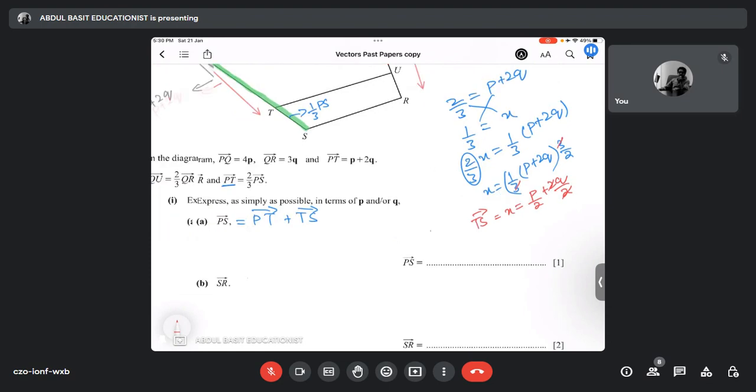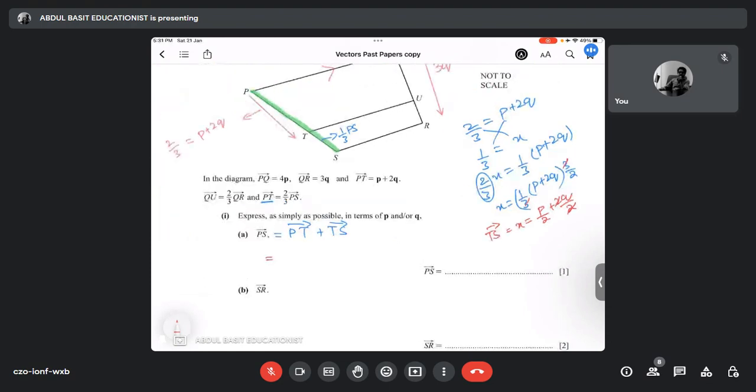So we know what PT is. PT is given in the question, which is p plus 2q, and TS is p/2 plus q, that is the thing.